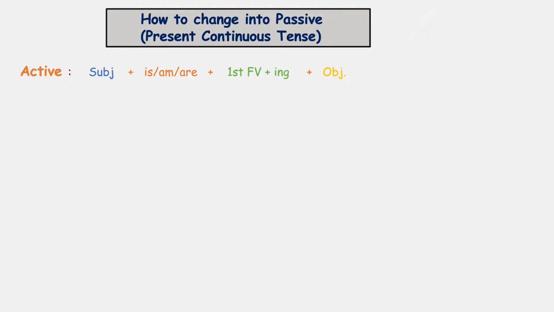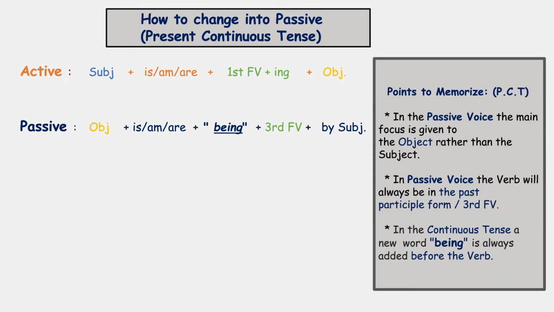Now we will learn how to change active to passive voice in the present continuous tense. There we have the structural formula of the continuous tense in its active form, and here is its formula for the passive. When changing active to passive voice, what happens? Look at the first point here. In the passive voice, the main focus is given to the object rather than the subject.